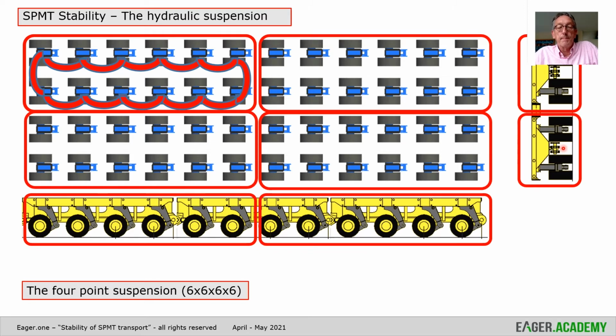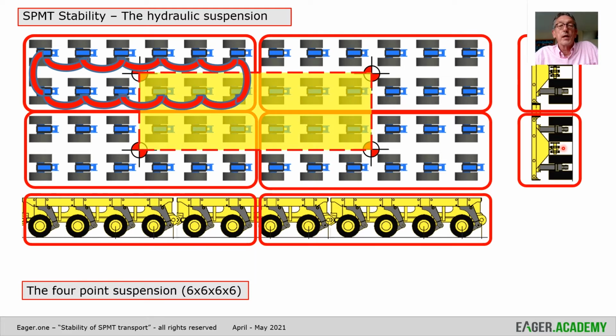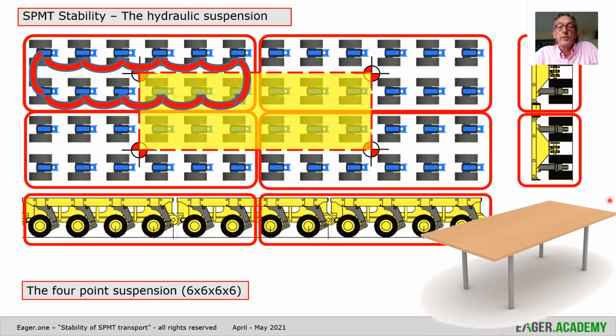And the result is basically set up in the same way, where we have 4 points of flotation connecting to each other, creating a yellow rectangular stability area. And you can imagine that as soon as we put a load on it, it can be compared with a table with 4 poles.